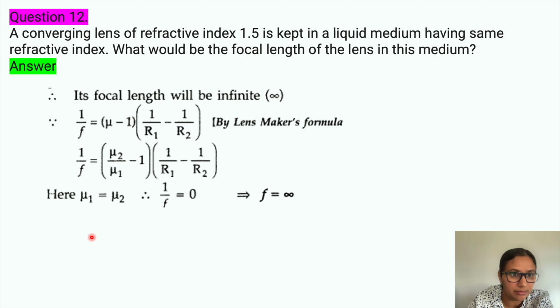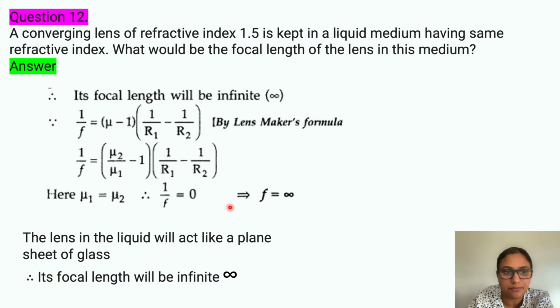It is the same. It's clearly mentioned it is the same. So mu1 is equal to mu2. So 1 by F will be 0, or the F value will be infinity. So the lens will act as a plane sheet of glass. And we know that the focal length of a plane sheet of glass is infinite. So the focal length of the given lens in this new medium would be infinite.